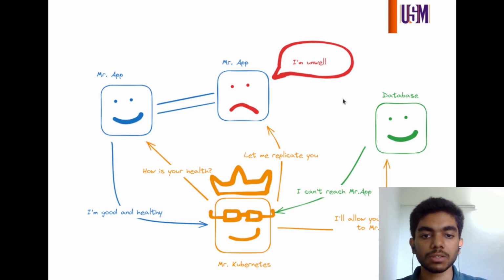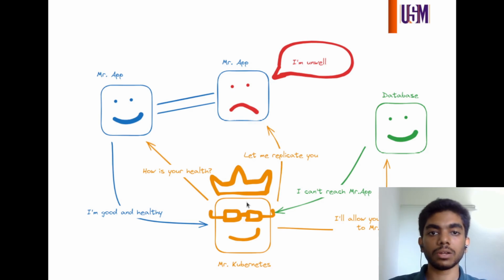For example, in this slide, this is the Kubernetes control plane on the master node. It is talking to a worker node with Mr. App container running. Currently, the Mr. App container is unwell, so the status is shown to the Kubernetes control plane, and then the deployment controller will close the unhealthy container and replicate the Mr. App container to a healthy one.